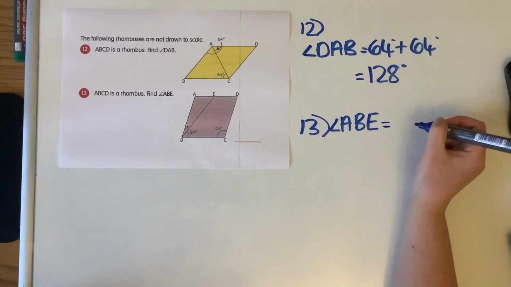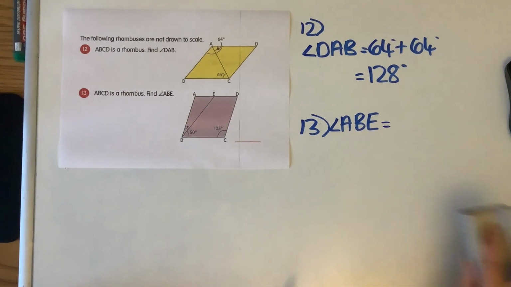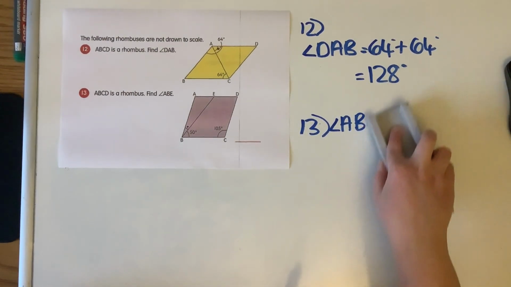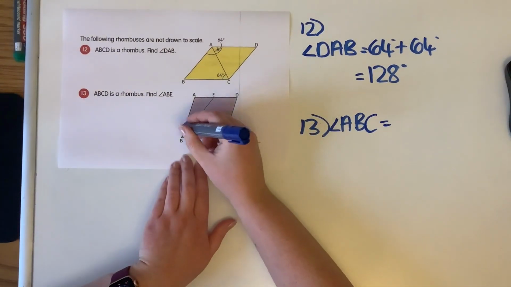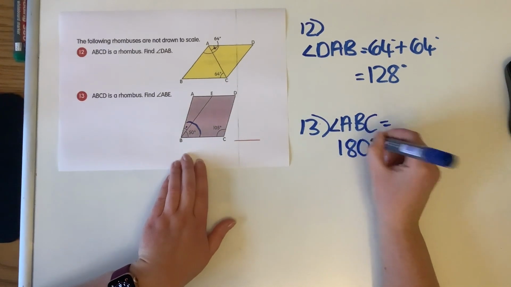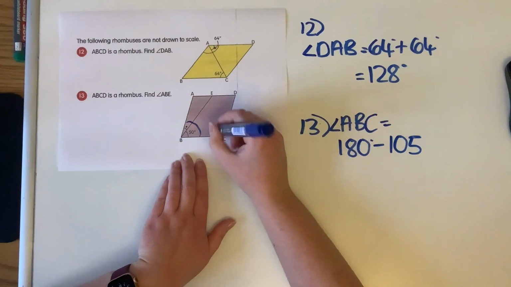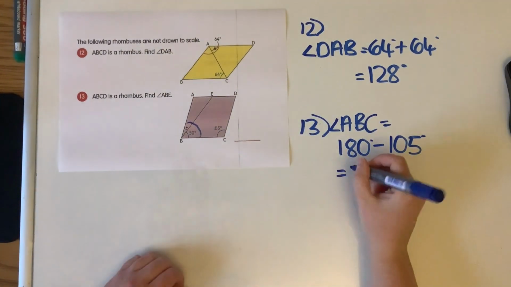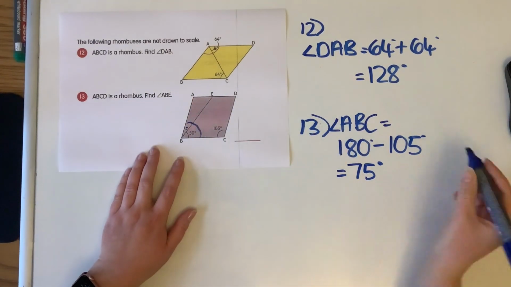So first of all, to work out ABE, I need to work out what the angle ABC equals. So to work out angle ABC, the whole thing, I'm going to do 180 degrees subtract 105 degrees, which equals 75 degrees. So the whole angle here equals 75 degrees.